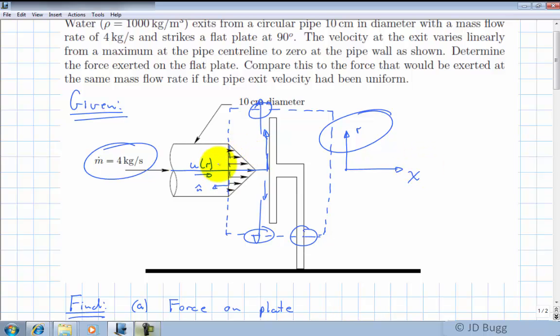Fluid is coming in purely in the x direction, but it's leaving purely in the radial direction. Now there isn't going to be any radial reaction force here because just as much fluid is going to be deflecting up as down, as towards us, and as into the screen. So the fluid is deflected all the way around in the radial direction, so there's no net force produced by that. So we really only have to look at the x, or the horizontal, component of this force.